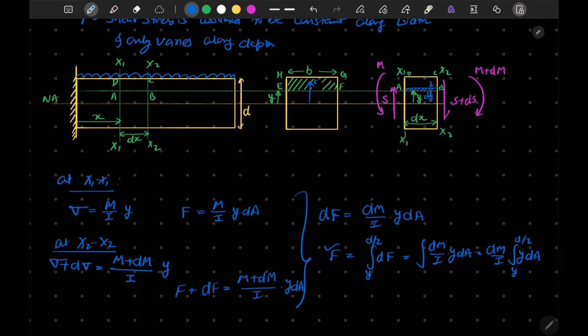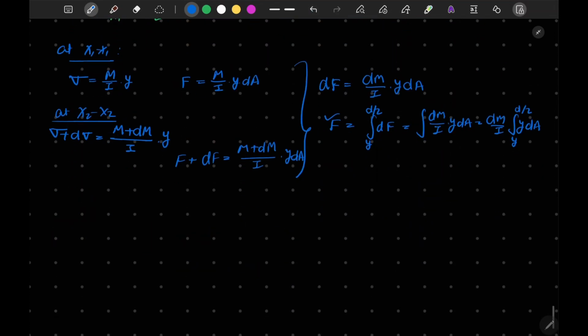Let's say this C is the centroid of this region, and it is acting at distance y bar. So I can write F is equal to dM by I into A y bar. So this is our shear force acting on our strip of length dx.